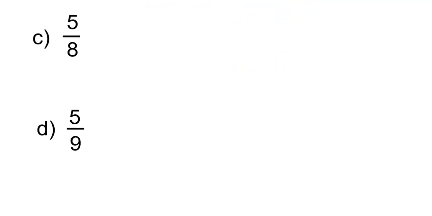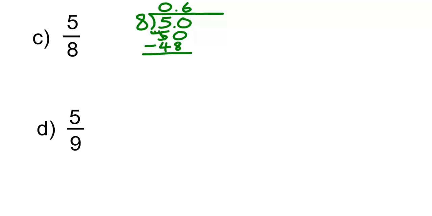For 5 over 8, this can be written as 8 going into 5. 8 goes into 5 0 times. Add a decimal, add a 0, bring down the 5 and the 0. 8 goes into 50 6 times. 6 times 8 is 48. 50 minus 48 is equal to 2.